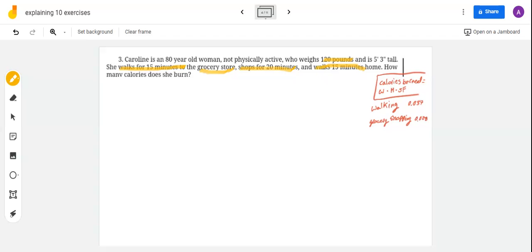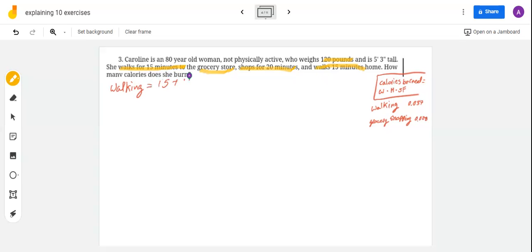So walking is equal to, it says that she walked for 15 minutes to get there. So that's 15. And then she walked for another 15 minutes to get home. So you would add the two 15 minutes together.